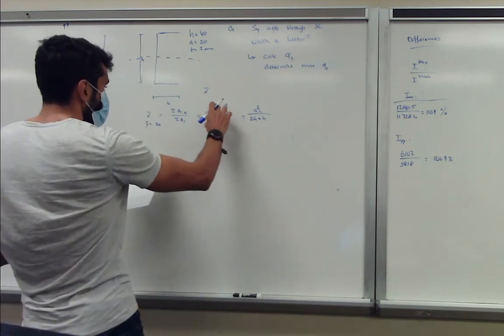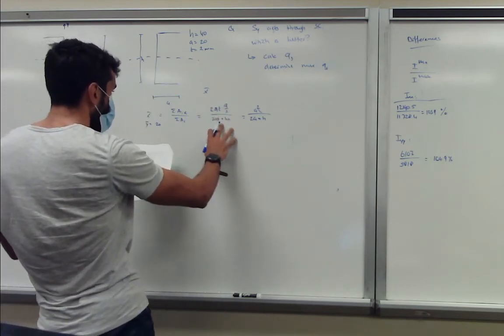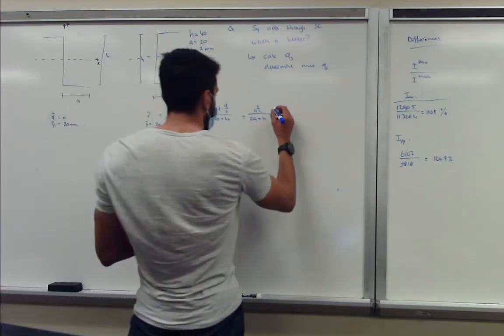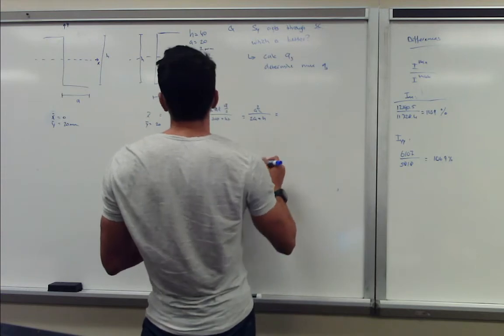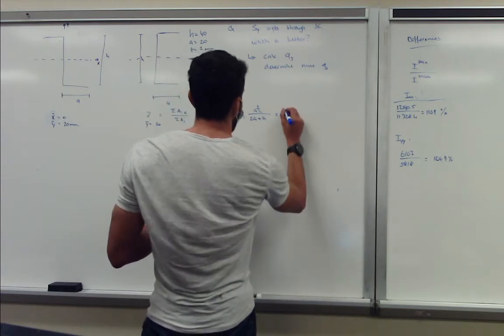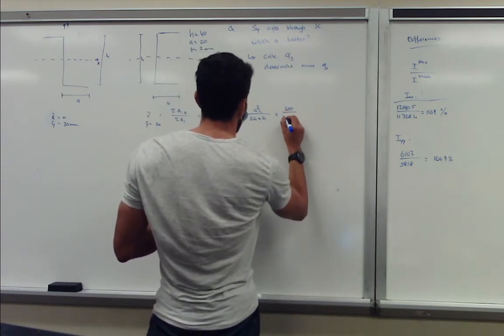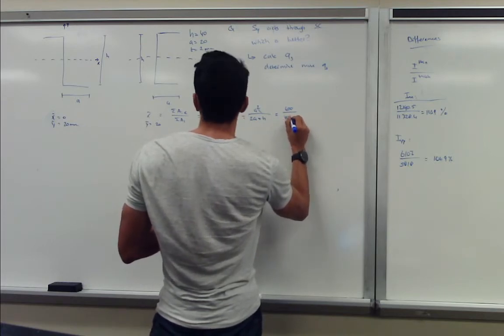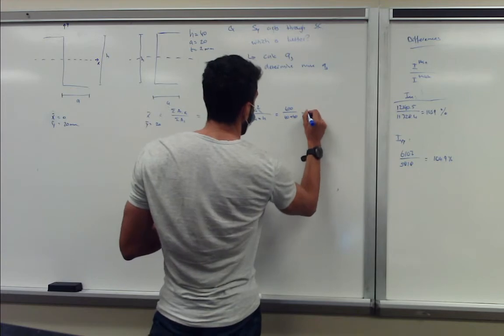Divided by t there, so the t drops in 2at. And that should be 5 millimeters. That's correct. So we get 400 divided by 40 plus 40, which is 80, is 5 millimeters.